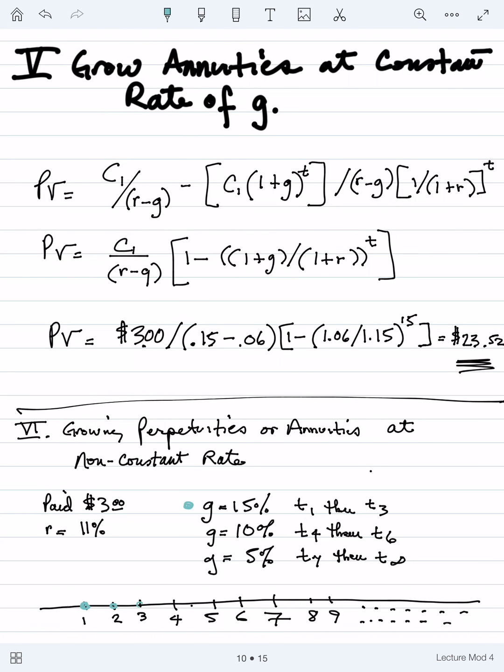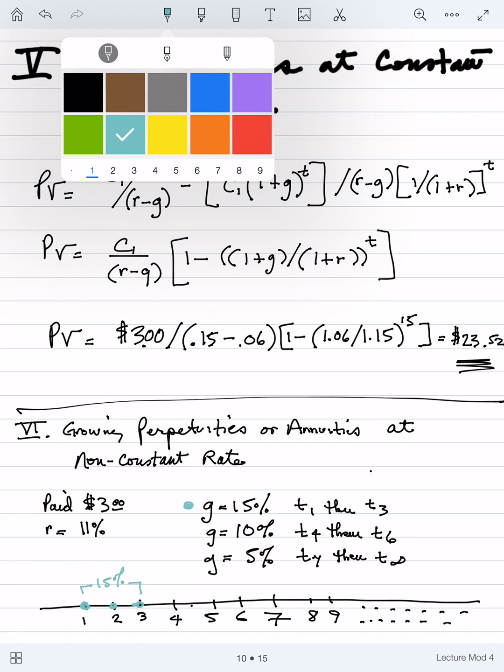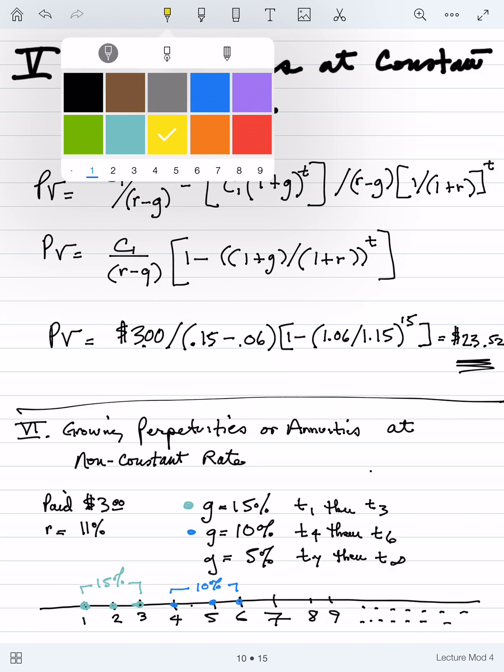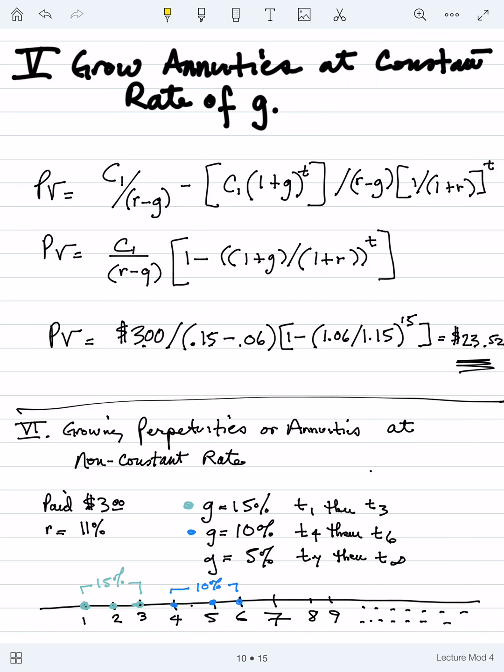It's 15% growth throughout that span. In time periods 4, 5, and 6, that's when our growth is running 10%. And then from time period 7 and forever, it just keeps going, and from here on, it's running at 5%.